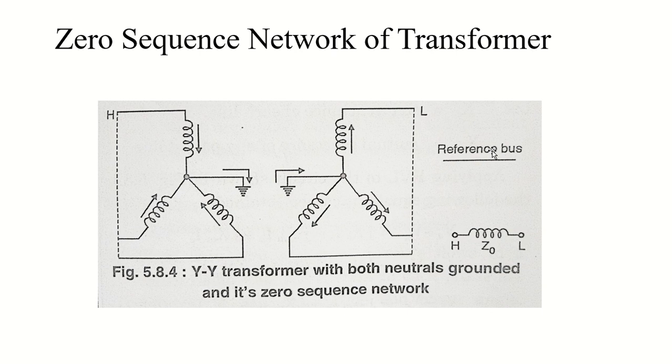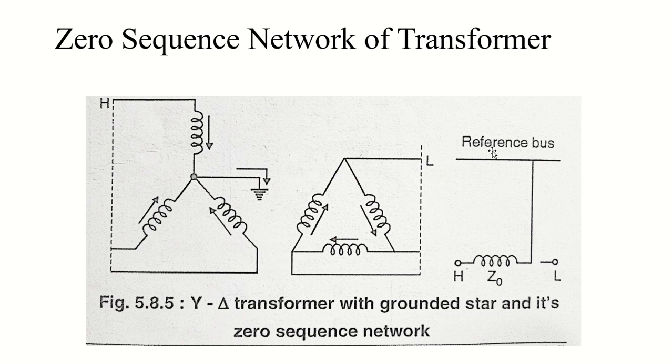It will get connected eventually when we discuss the delta, but let's move further and see what will happen when we are considering delta star transformation with my star grounded.